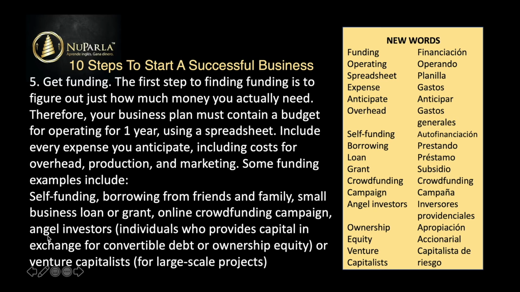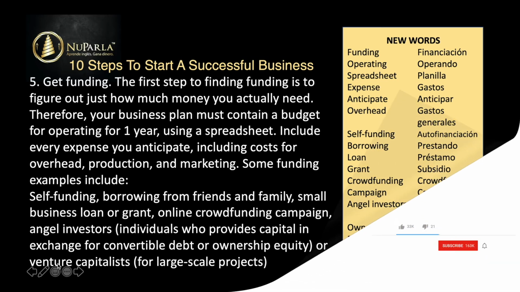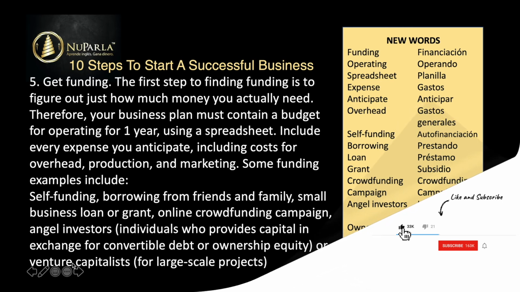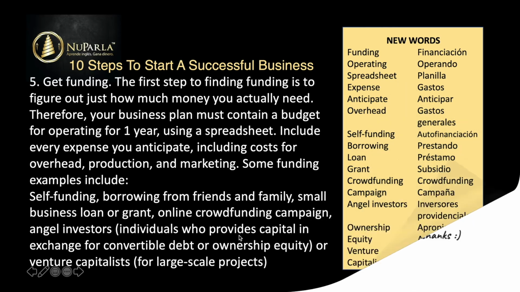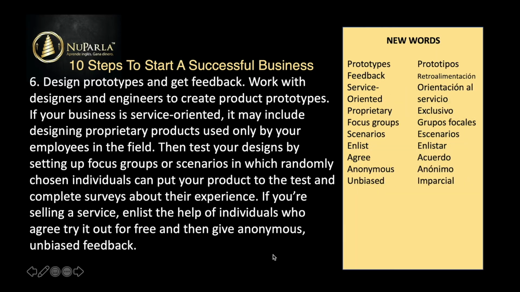Están los inversionistas providenciales, los angel investors, los que son ángeles. Y están los VCs, los venture capitalists, capitalistas de riesgo. Y esos son para proyectos ya más grandes. Y ellos obvio van a querer tener una parte, ser dueños por un porcentaje de tu empresa si vas a utilizar el dinero de ellos.